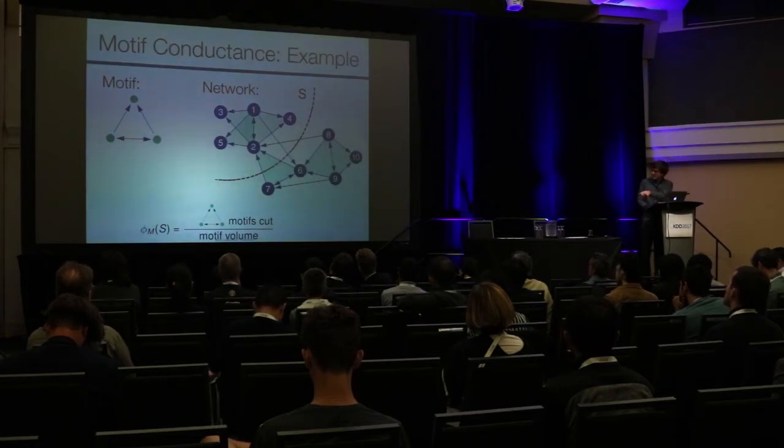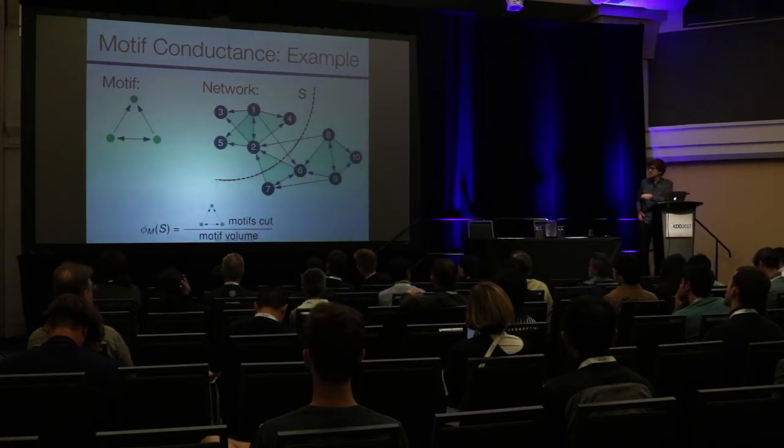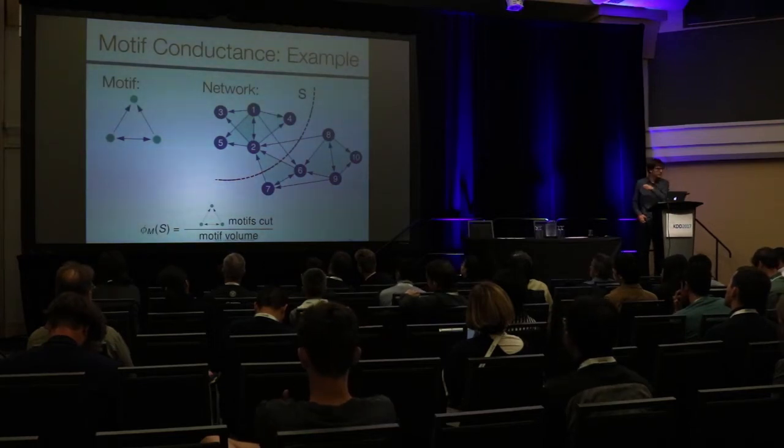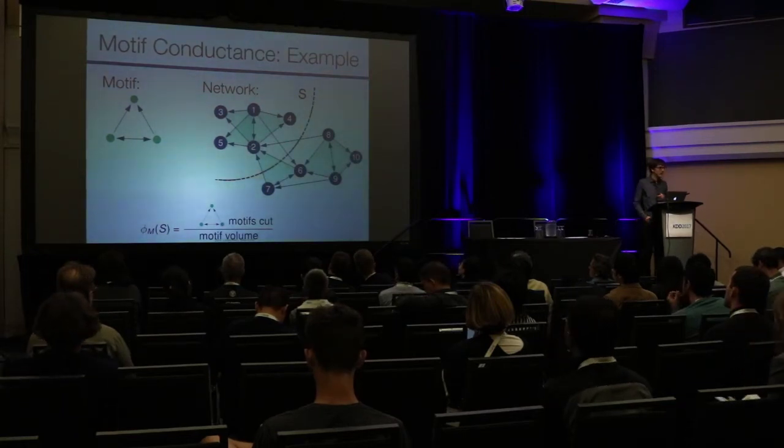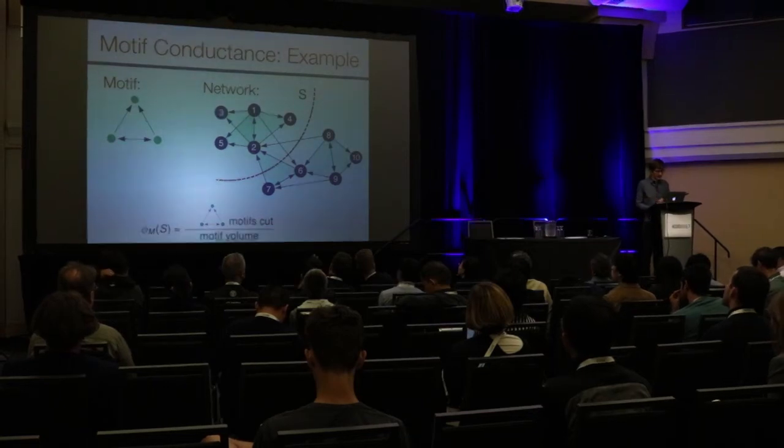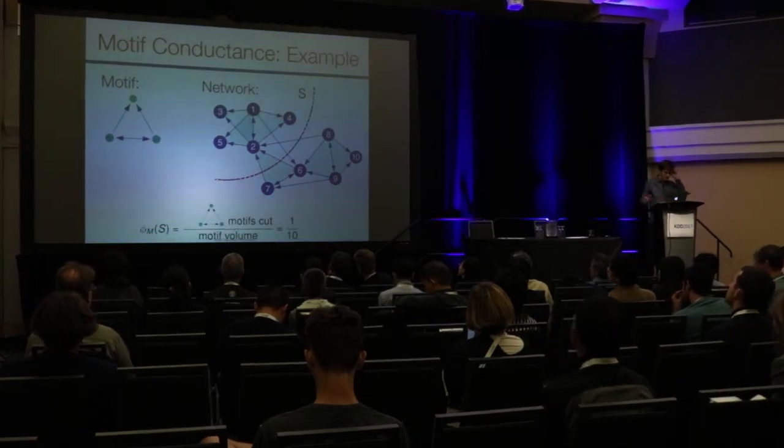So what's the value of my conductance? I'm cutting one instance of the motif. And what is my motif volume? My motif volume will be 10, because 10 is the number of endpoints of the motifs inside set S. Why 10? Here are 3 instances of my motif, that's 3 times 3, and then there is also this instance that has one endpoint in my set S. So it's 9 plus 1, it's 10. So the motif conductance for this set S is 1 over 10.